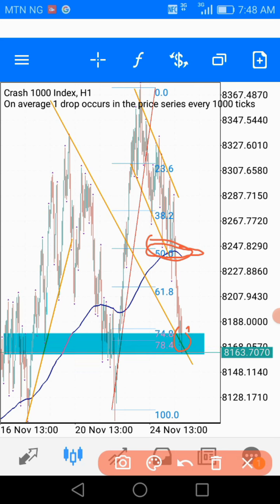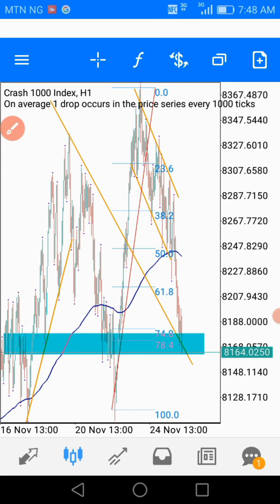The opposite is the case for boom. I hope I'm not confusing someone here. Whenever the retracement exceeds the 50% level, below for crash and above for boom, and it is confirmed that it is actually a retracement from the discount level for crash and the premium level for boom, I said it's always extremely profitable.